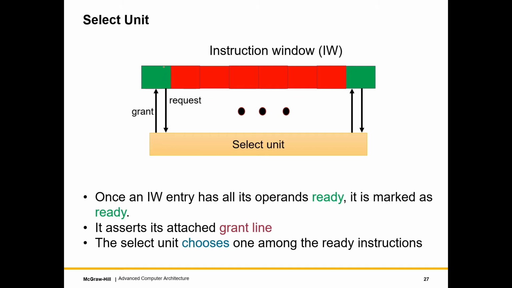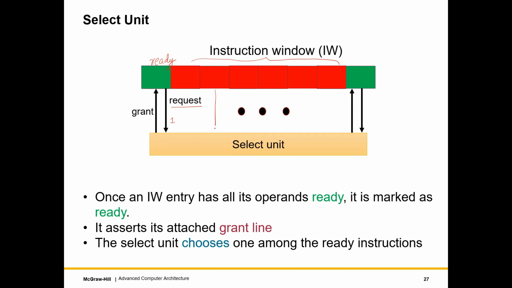In the instruction window, we'll have instructions of two types, red and green. Green instructions are the ready instructions, which are ready to execute, and the red instructions are waiting. For each instruction, there is a wire, essentially for each entry. We call it the request line. So whenever it is ready, it just asserts its request line, which means sets it to 1.